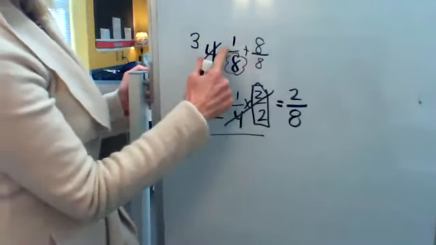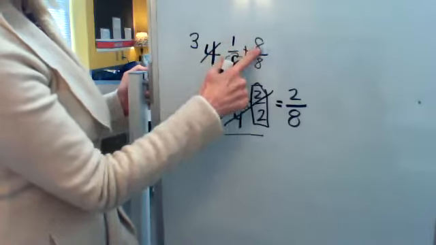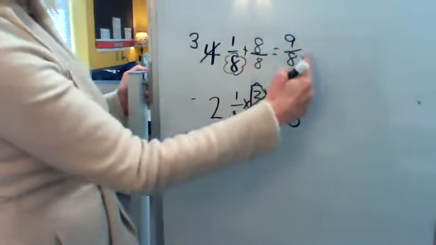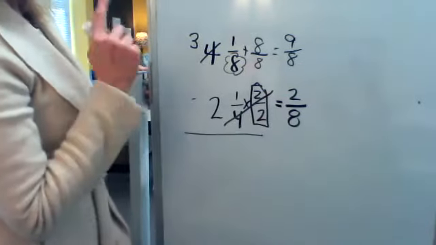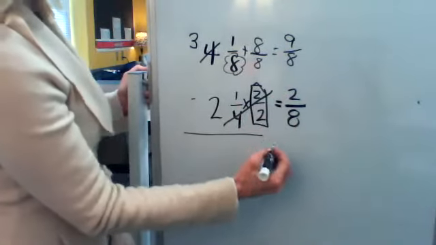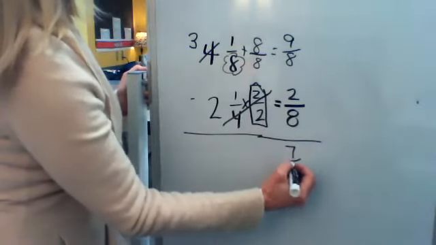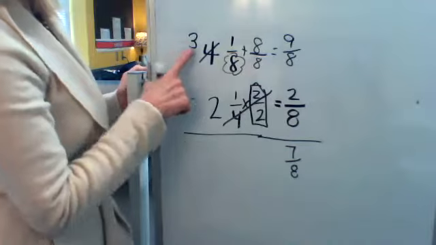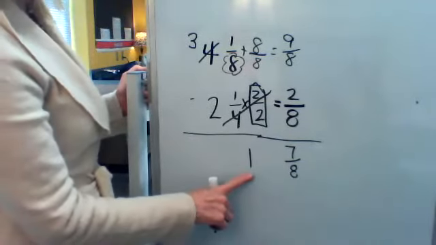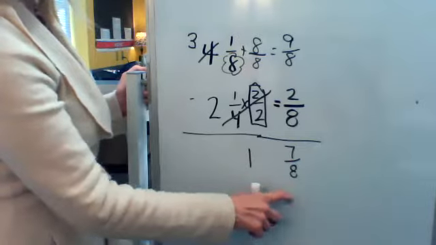And now I have not just 1/8, I have 1/8 plus 8/8. So altogether, the top amount is 9/8. So now it's smooth sailing. 9/8 take away 2/8 is 7/8. 3 wholes take away 2 wholes is 1 whole. So my final answer is 1 7/8.